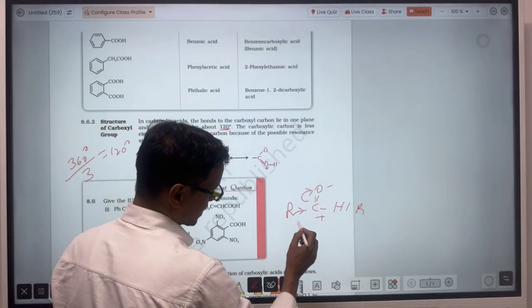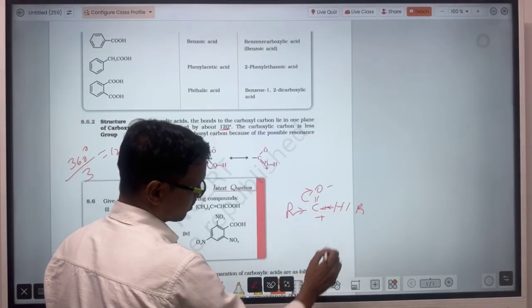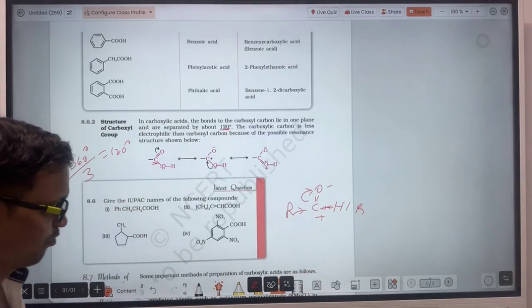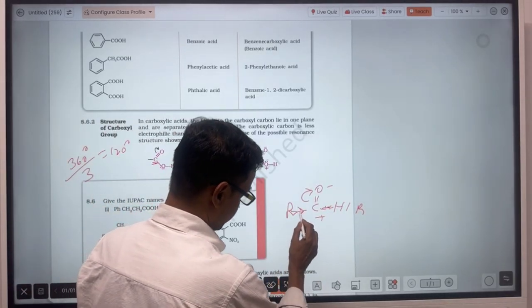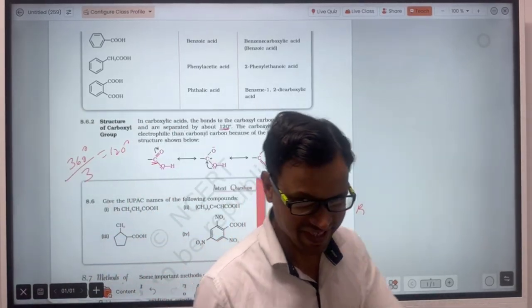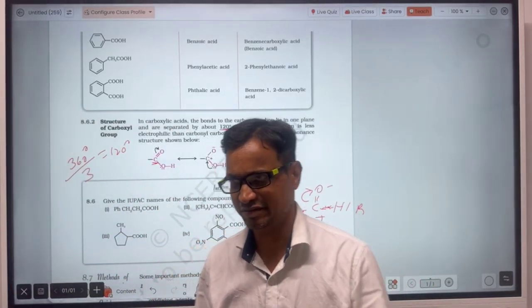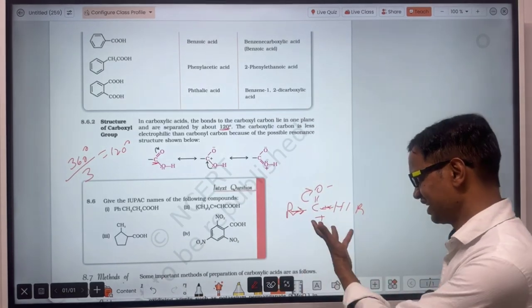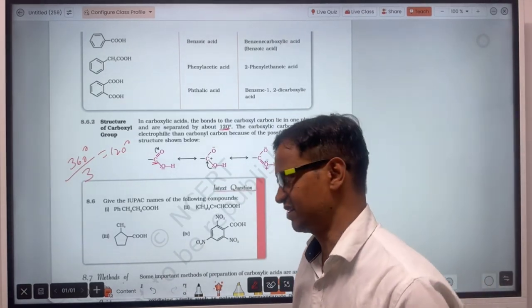This positive charge is offset by the alkyl part, or by the hydrogen, by the plus I effect. So there will be some decline in the magnitude of the positive charge.